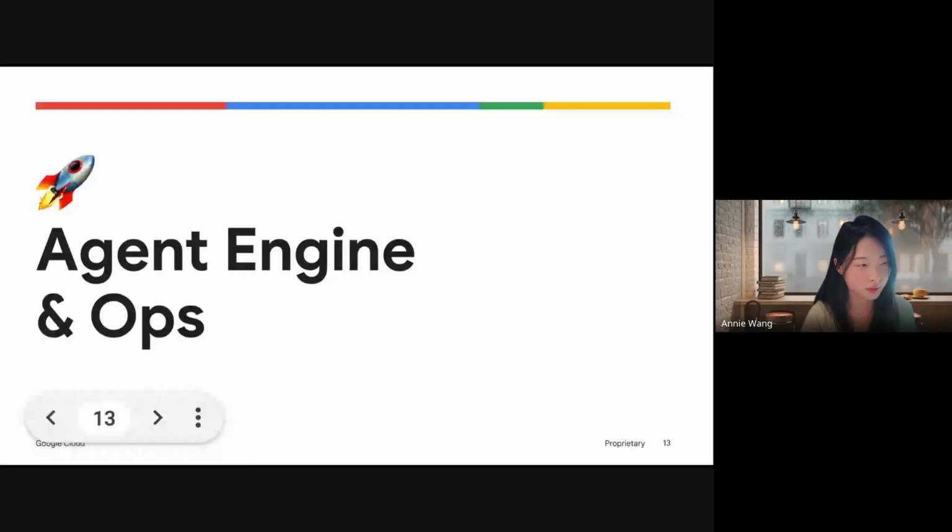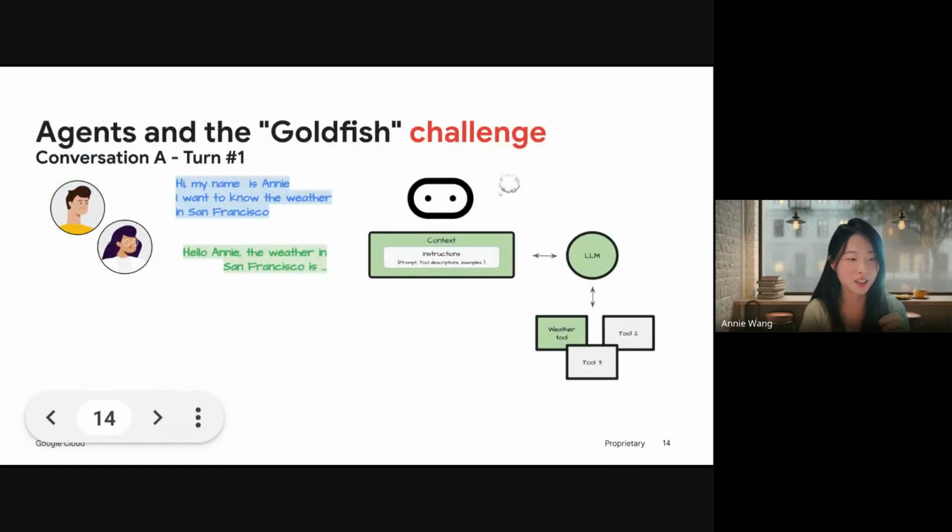All right, let's move on to this very important topic, agent engine and ops. How do we manage the agent in real conversation? Let's start with this question, the goldfish challenge. Goldfish are known for having only a 3-second memory.